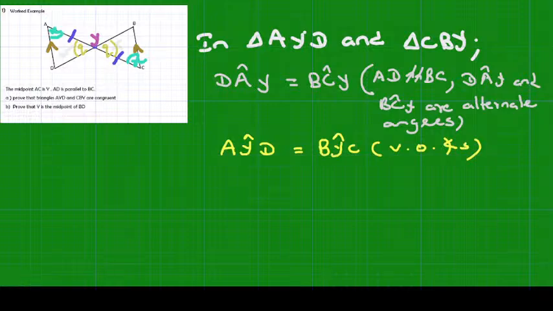AA, then comes the S. We have AY equals YC or CY. Why? Because we have been told Y is the midpoint of AC.